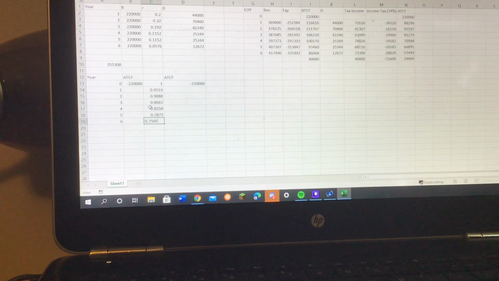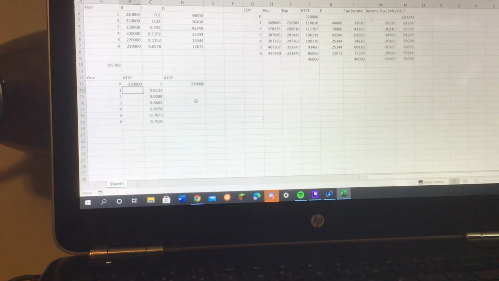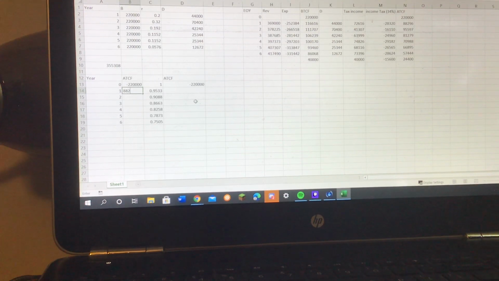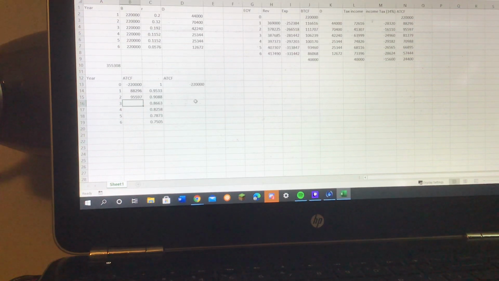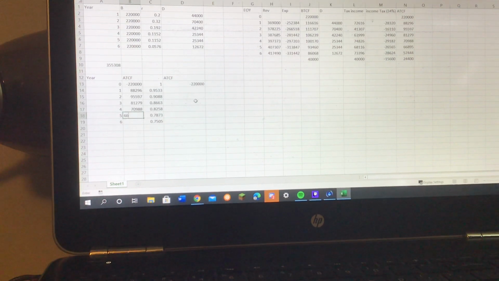Okay, so our after-tax cash flow, so again, our negative 22, whatever, our next up should be 88,296, 95,597, 81,279, 70,988, 66,895, and 52,444.